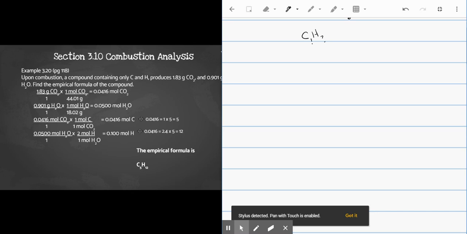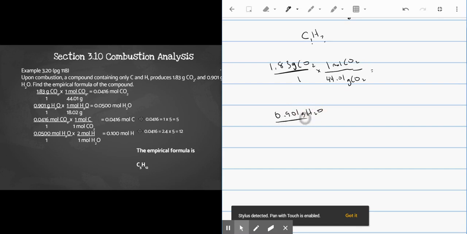So I'm going to start with my given of 1.83 grams of CO2 over 1. And we can't do much with grams, so we know we're going to change that to moles. This time, since it's grams of CO2 and moles of CO2, the mass is a little bit bigger. It's going to be 44.01. And we're going to write our 0.901 grams of H2O.